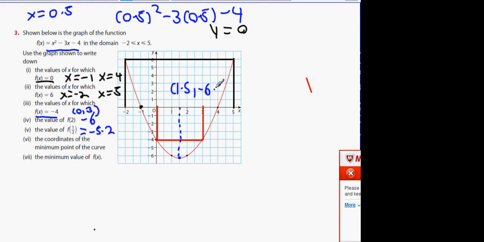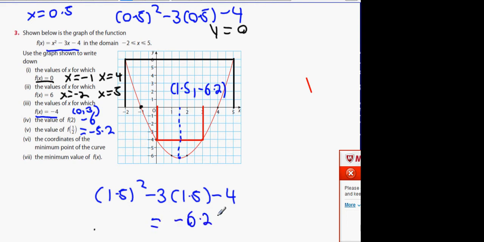How would you find out that value exactly, the y value? Your input is 1.5. Find your output. If you put 1.5 into the calculator, Brian's on it. What do you get, Brian? Minus 6.25. So we're very close again.